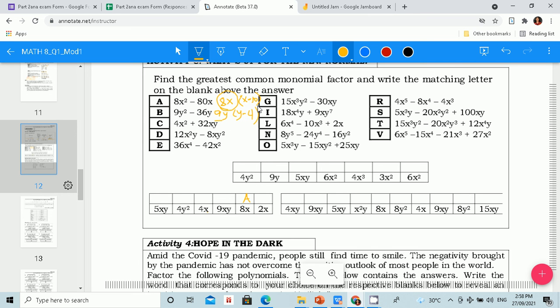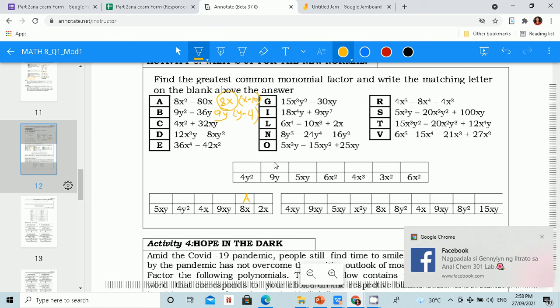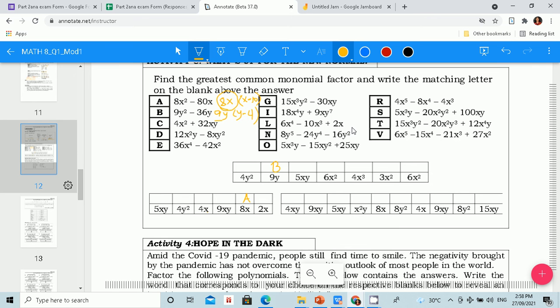Okay, letter B. Can we find 9y? Alright, it's letter B here. Okay, what about letter C? Okay, now let's do letter L. What will be the factor of letter L? So the GCF here is 2. 6 can be divided by 2, 10 can be divided by 2, and 2 can be divided by 2.